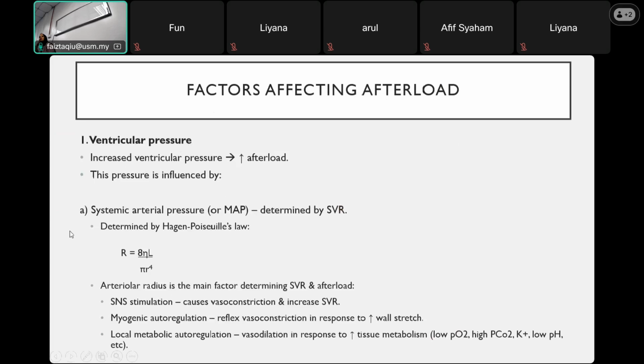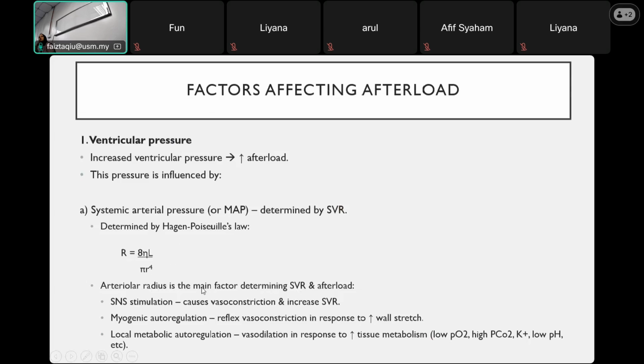The ventricular pressure is influenced by the systemic arterial pressure, determined by the systemic vascular resistance, and we can determine this by the Hagen-Poiseuille law. From this equation, resistance equals 8 eta times length over pi r to the power of 4. The radius is the main factor that determines the systemic vascular resistance.